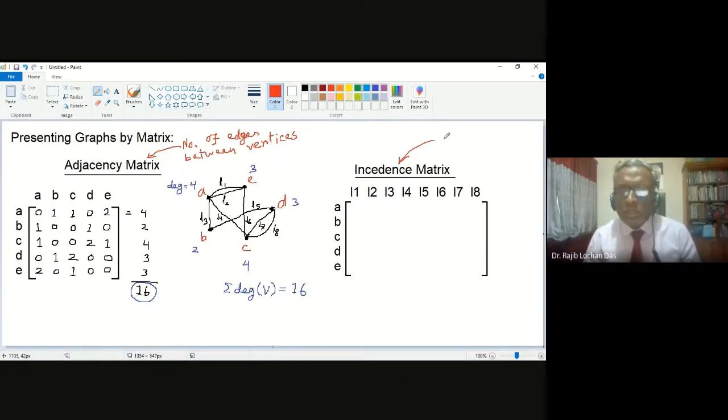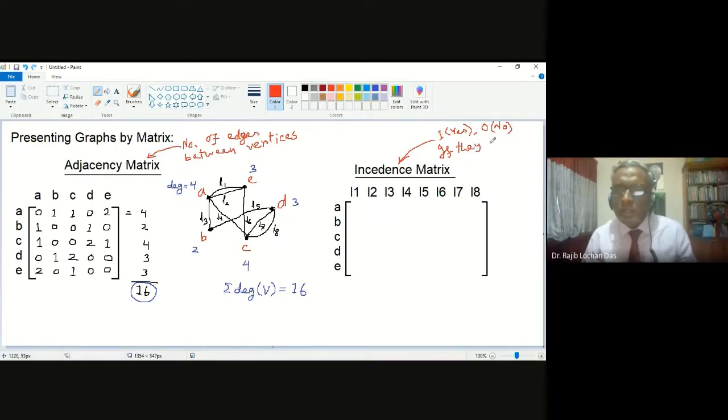Okay, 1 means yes and 0 means no. So what is yes, what is no? That means if they are connected. Let me write it, that will be better.